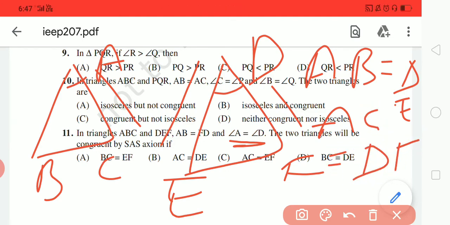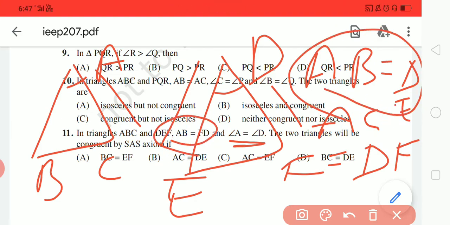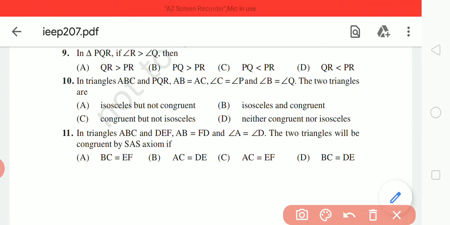Let us check which we have been given and which we have to show. We have given AB equal to this one also, so the condition remaining is the third side, that is AC and DE, that is option B, right?